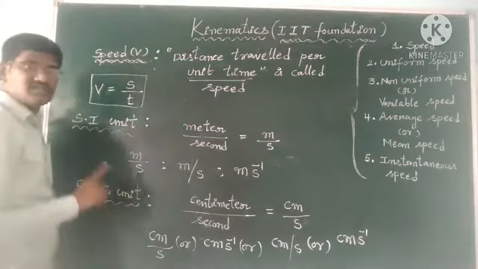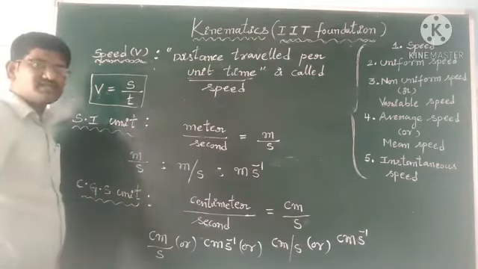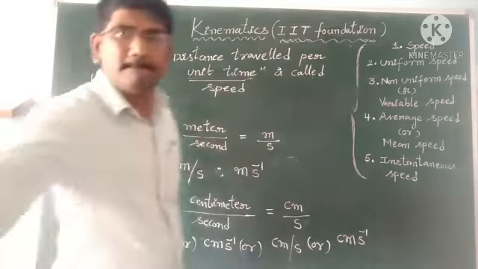These are the SI unit and CGS unit of speed.